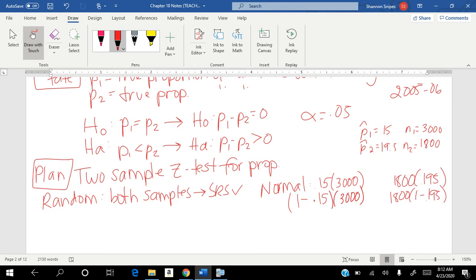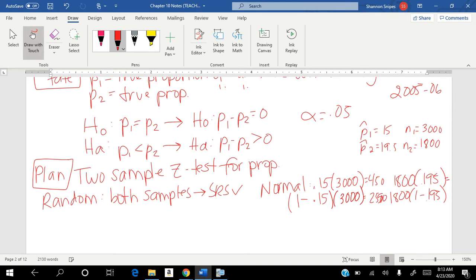So 15% of 3,000, there's a decimal there, is equal to 450. And this is going to equal 2,500. Wait, that's not right. 3,000 times 0.85, 2,550.